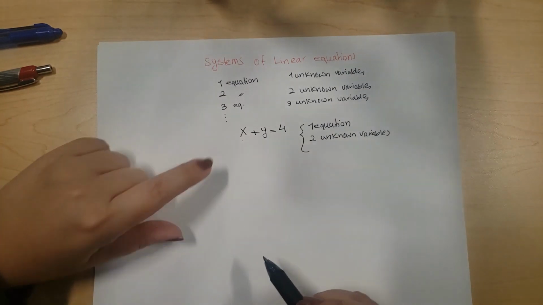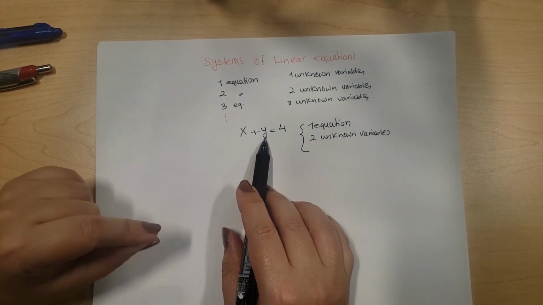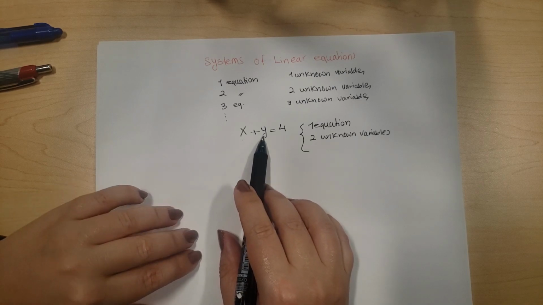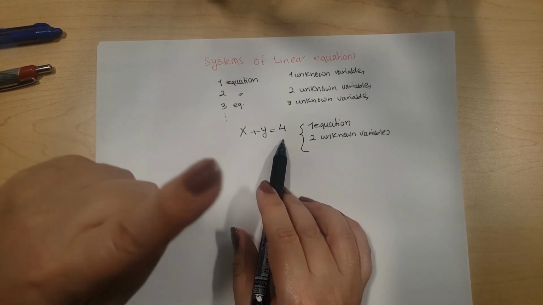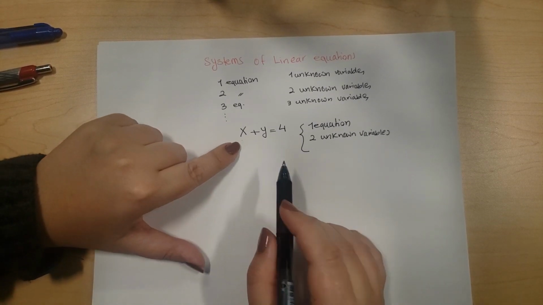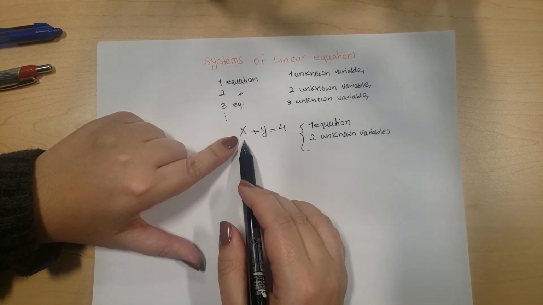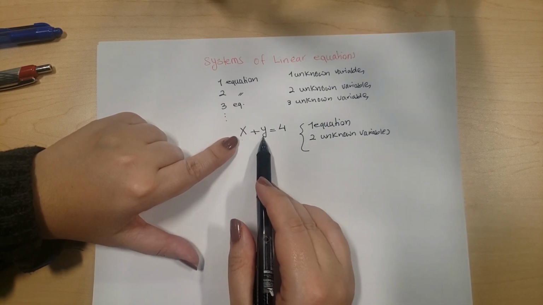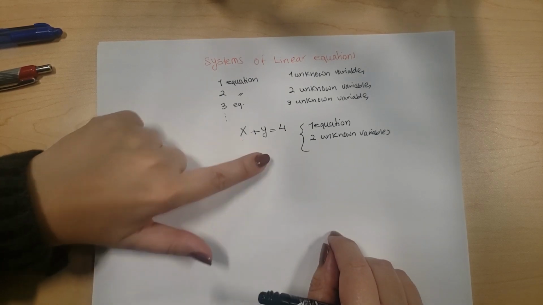Can we find an exact value for x and y, one specific numerical value for each, with only one equation? No. I would need another equation with the same unknown variables, so I can put them together and find a specific value for x and y.